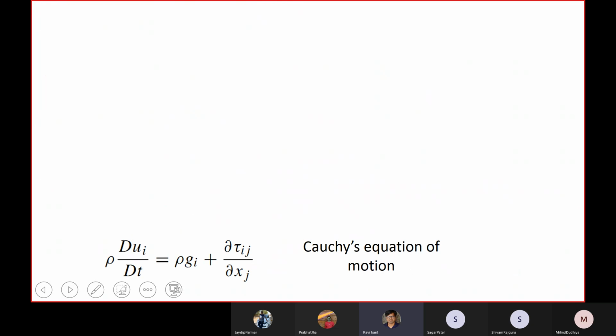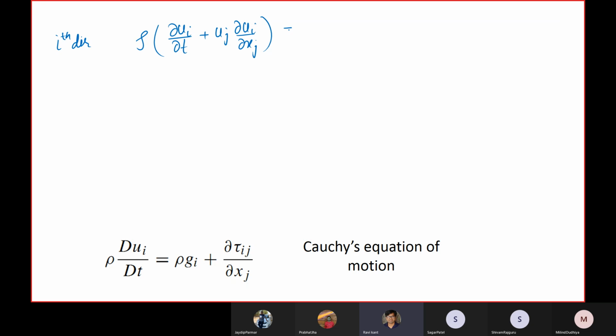Okay, let me write it again here in a better manner. So I have written rho times dou ui by dou t, writing things in the ith direction, plus uj dou ui by dou xj. This is my acceleration.